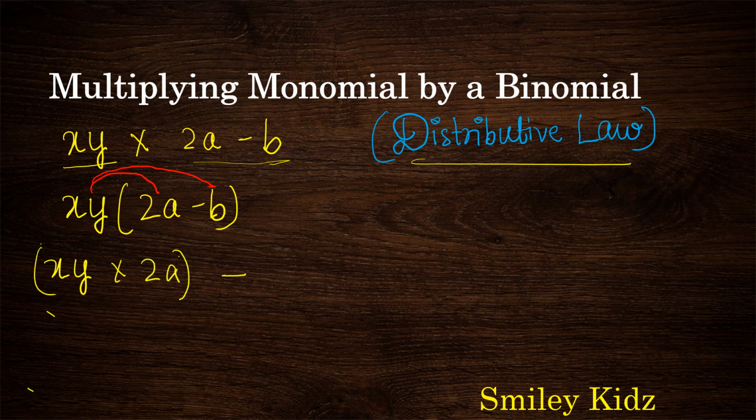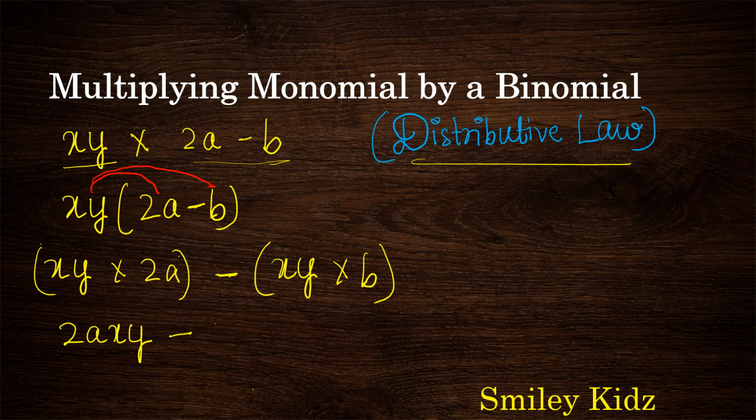minus, why am I going to write a minus sign over here? Because here we have a minus sign, the same is going to continue the next as well. Minus xy multiplied by b. Now you're going to further simplify them. Xy multiplied by 2a gives us 2axy minus xy multiplied by b gives us bxy.